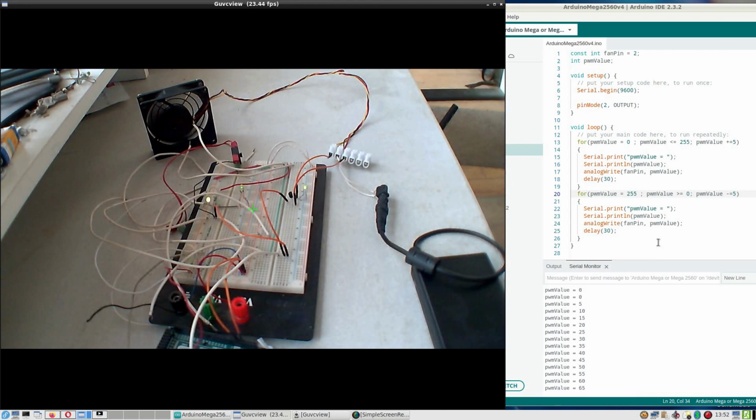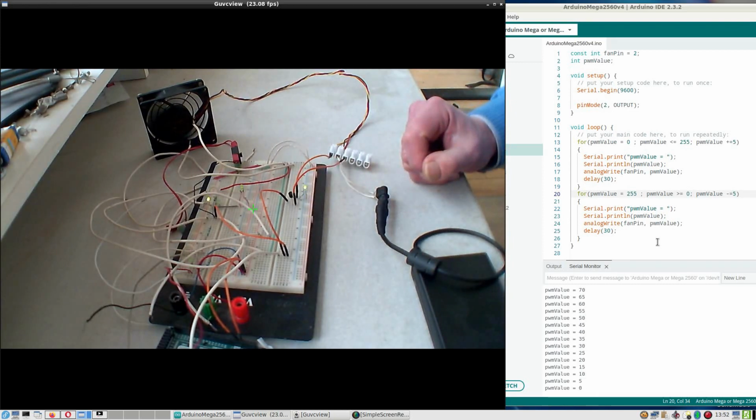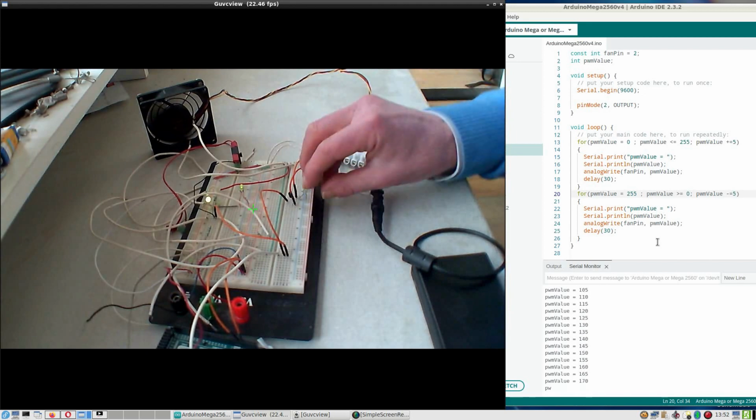So the question is, what is better? But apart from that, you have to use a switch, and that switch is the transistor. So yeah, question is how to solve it.